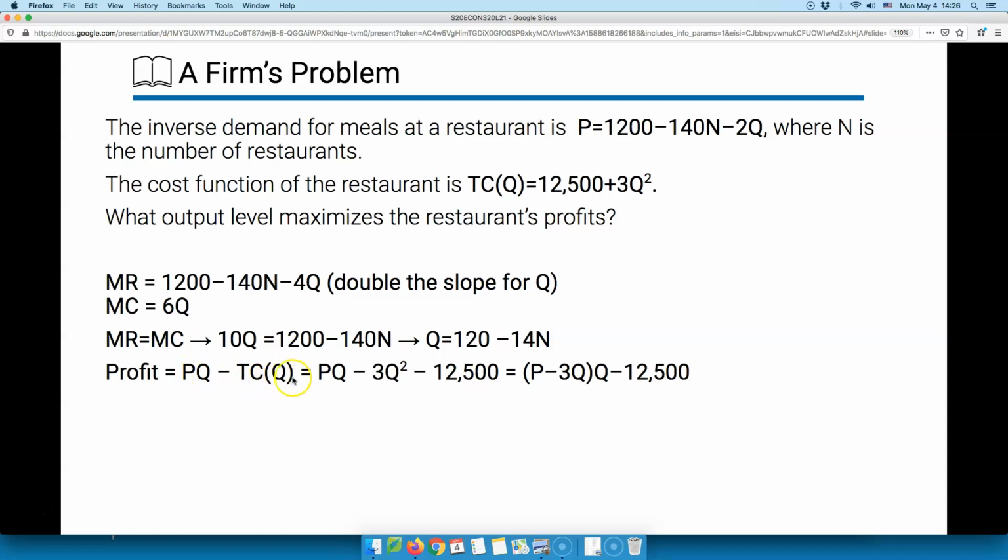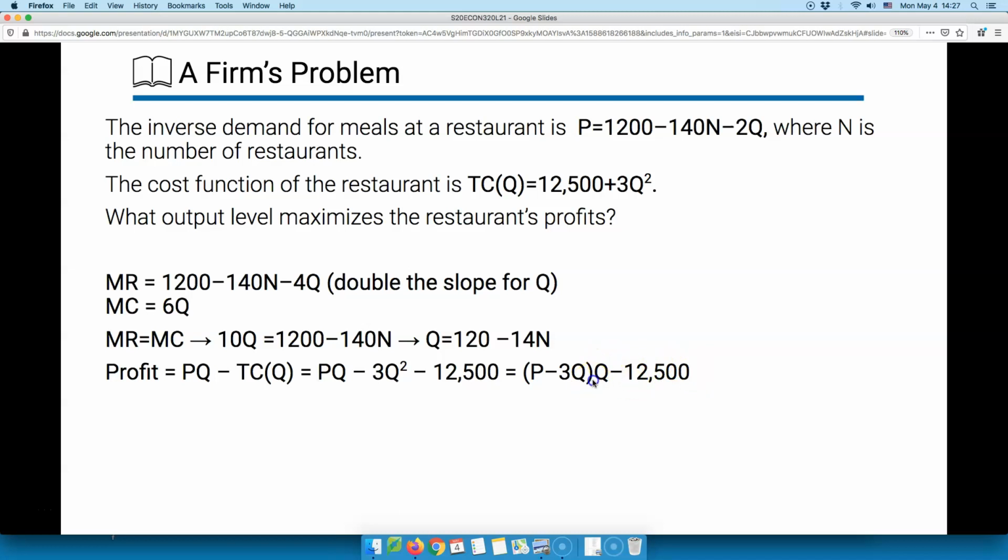And the next thing that I will do, which proves to be quite convenient in this example, is I will look at the variable part of the cost, the 3q squared, and I will factor out q from price minus the variable part of the cost. So I can express the profit as price minus 3q times q minus the fixed part of $12,500.